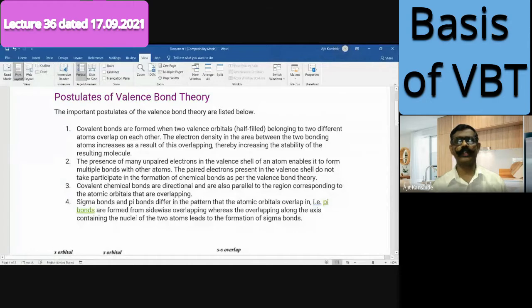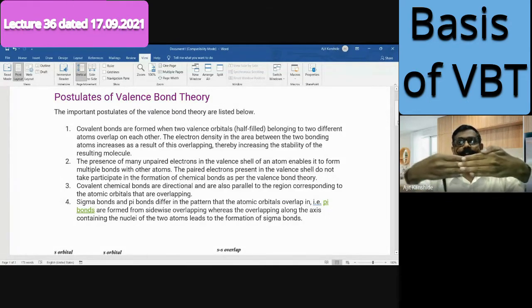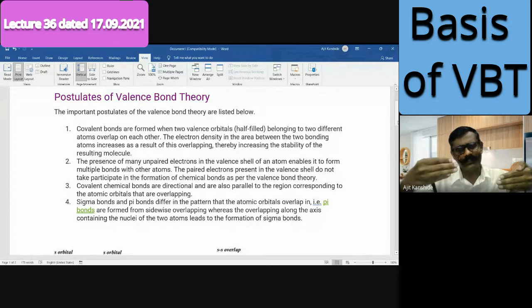The first postulate: a covalent bond is formed when two valence orbitals which are half filled, means there will be one electron in each orbital, belonging to different atoms, means an orbital of one atom, maybe hydrogen, and of another atom, maybe hydrogen or chlorine or any other.